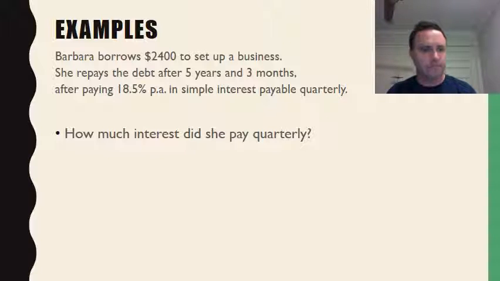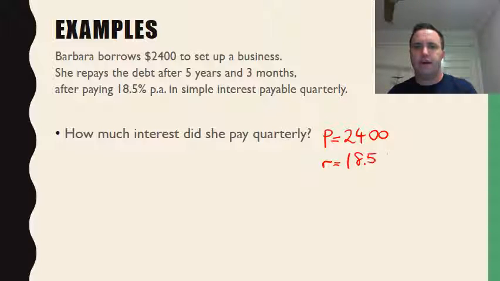Okay, so let's have a look at our different little variables. So the principal amount is our $2,400, because remember, it doesn't change in simple interest. Our interest rate is equal to 18.5% per annum. Okay, and then the time that she's doing it for is quarterly.